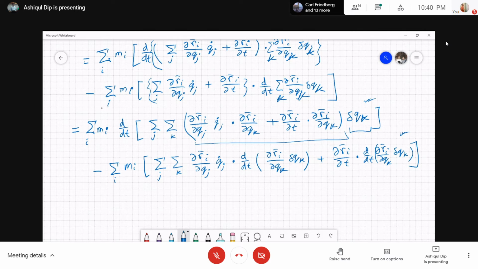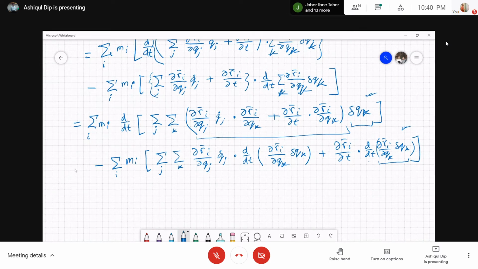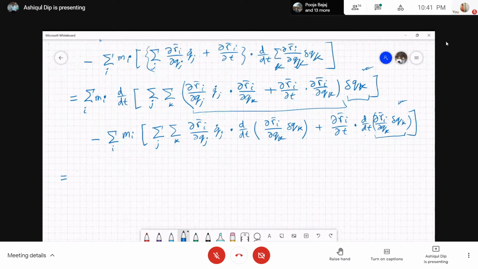And again, expand this thing in product rule, and then separate the d/dt of variation of q_k. It's going to be a mess for a moment, but it will be simplified.